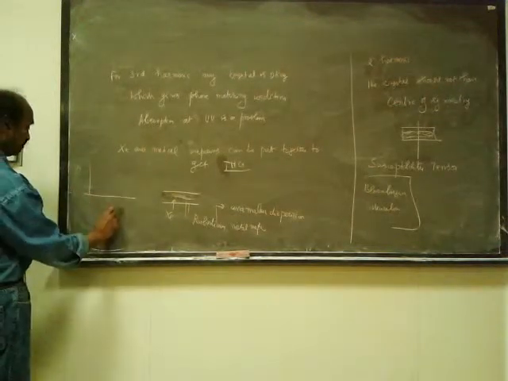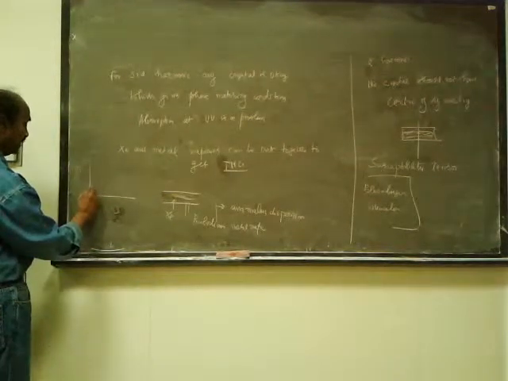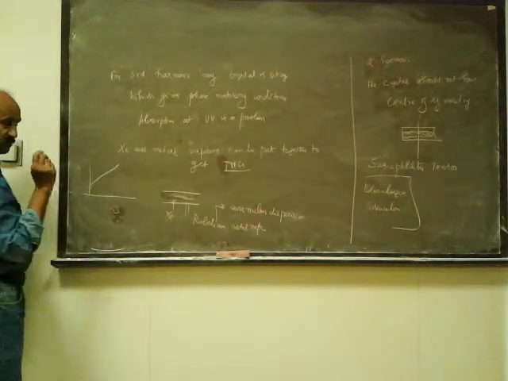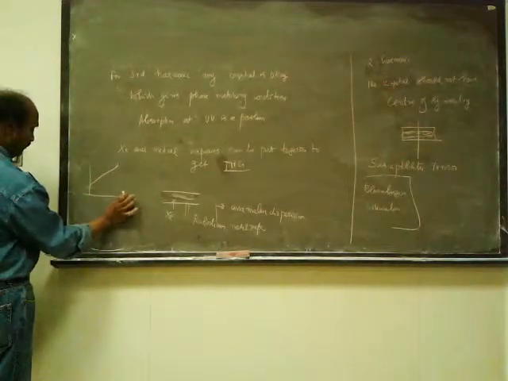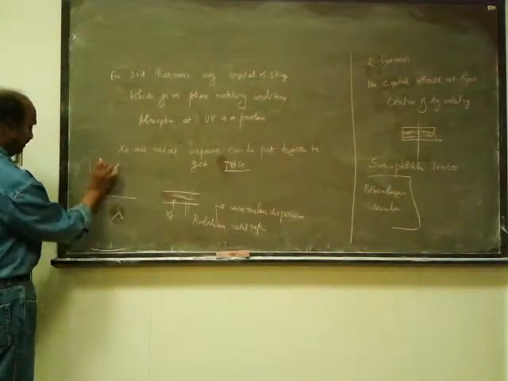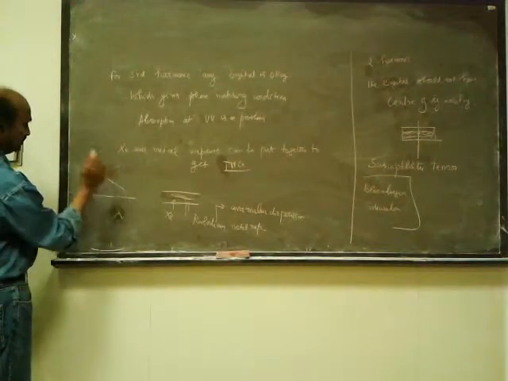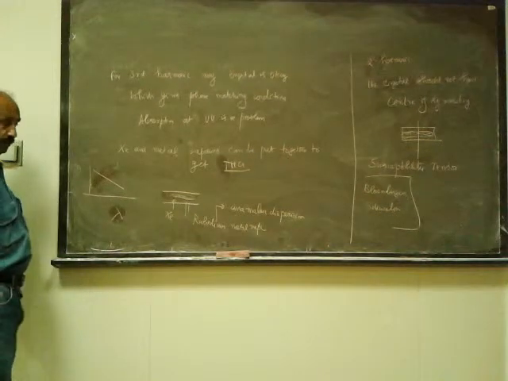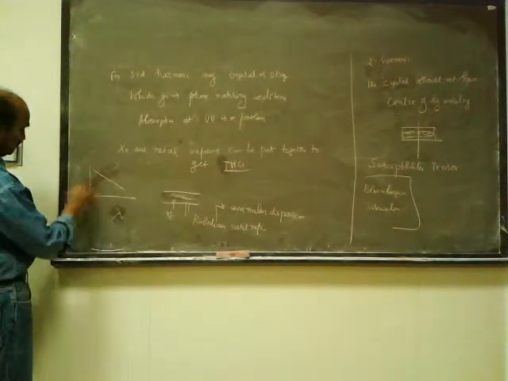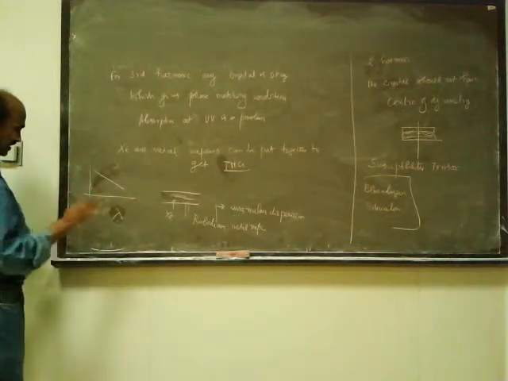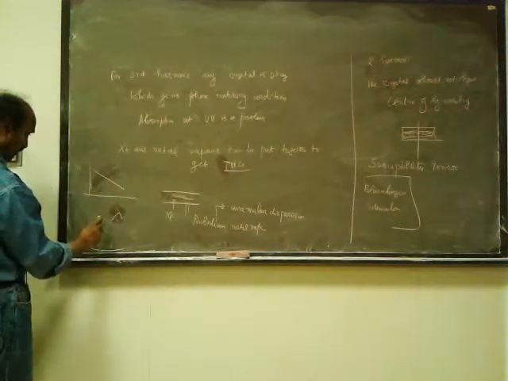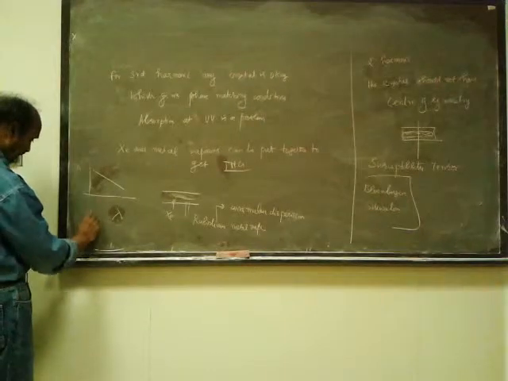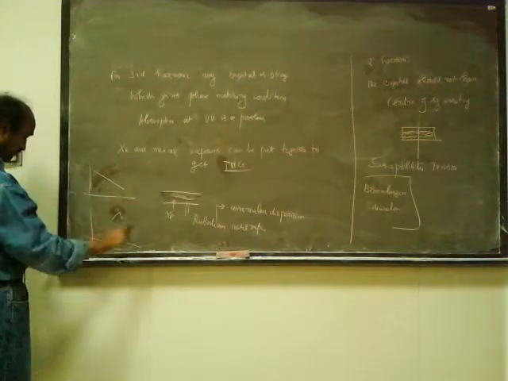For a wavelength, it will be something like this. As the wavelength increases, refractive index decreases. This is called normal. For rubidium, it's a crazy kind of metal vapor.